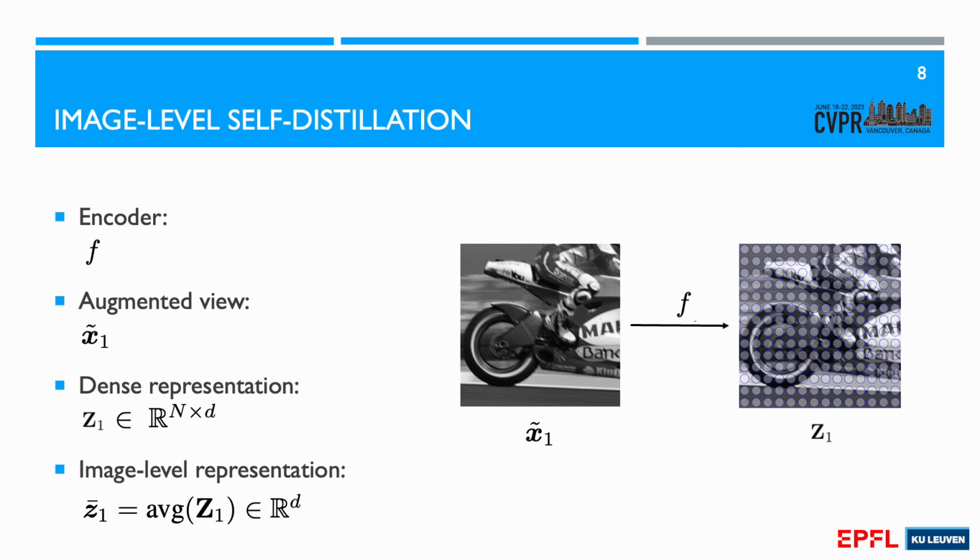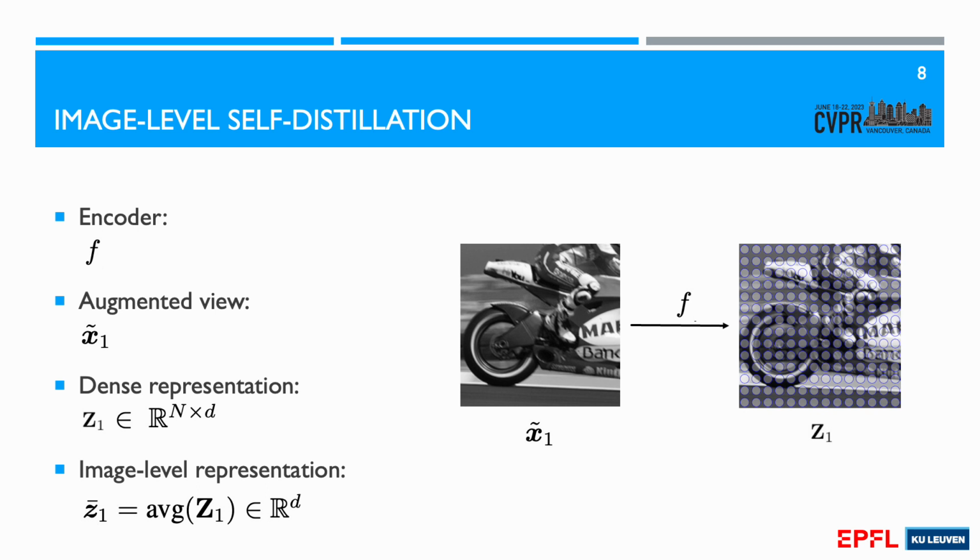Let's first discuss some notations so that we can have a look at equations. X tilde1 denotes an augmented view and F denotes an encoder. When we feed the image to the encoder, we get a dense representation, which is an n by d representation, where n stands for the number of spatial locations in the representation and d is the dimensionality.